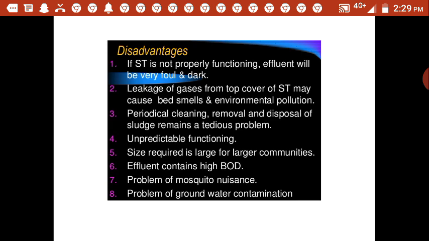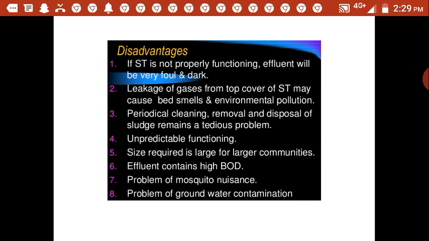Of course, there is the mosquito nuisance, once the foul smell is coming. Once it is treated, it will be disposed to open land. If it is not properly treated, it is going to cause nuisance. The biggest problem is groundwater contamination, as you expose it for a longer period.